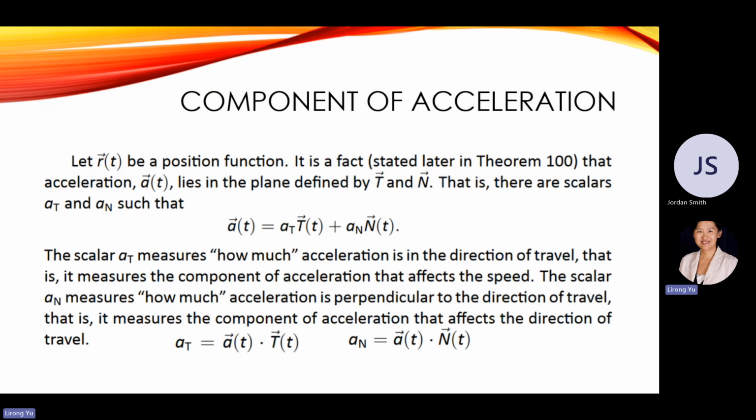The strength of the acceleration in that direction is in those absolute values there. This is what we call a component of the acceleration, either in the parallel direction to where the curve is moving, or perpendicular to that direction.